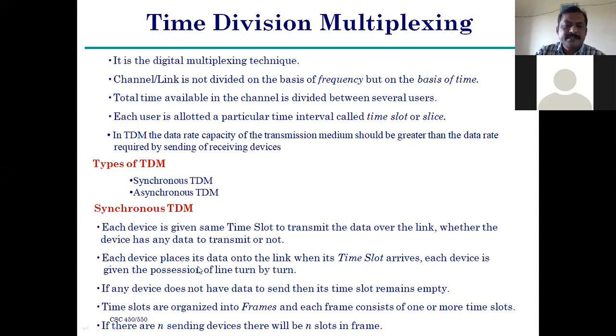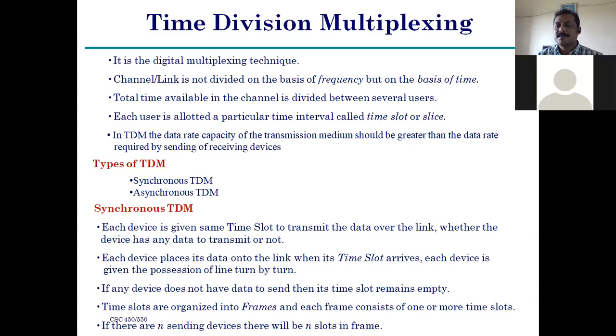Each device places its data onto the link when its time slot arrives. Each device is given the position of a line turn by turn. There is a number of slots in a link. Slot 1 is given to user 1, slot 2 to user 2, slot 3 to user 3.